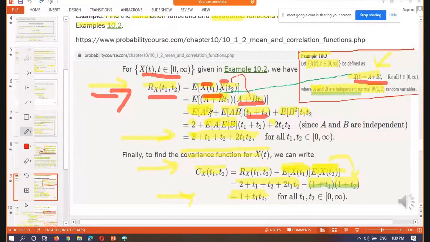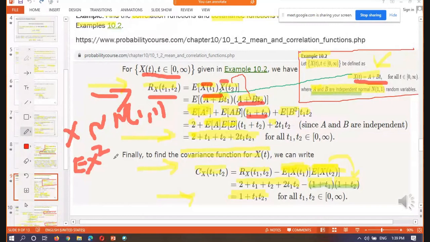If you remember the previous lecture on random processes, there we calculated that if any random variable X has a normal(1, 1) distribution, then the expectation of X square is 2. Because A and B follow this normal 1 distribution.